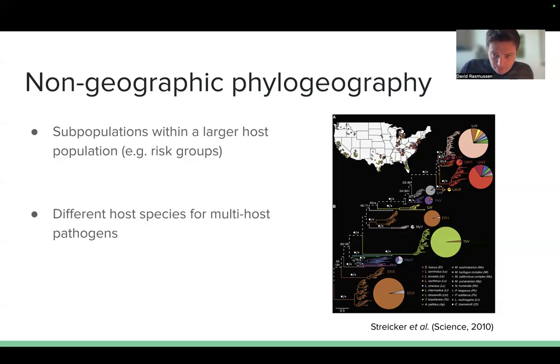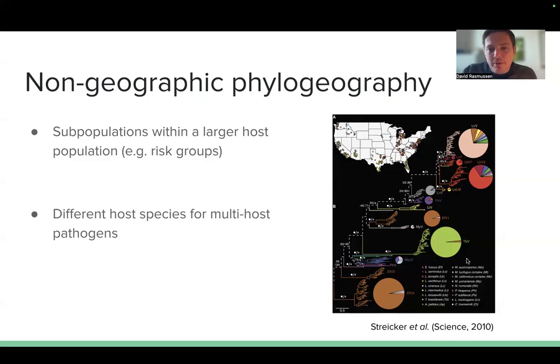For example, a common application of phylogeographic models to pathogen populations is that the different states will represent hosts within different risk groups or subpopulations. Another popular application is to think about the different states or populations as being different host species. In that case, people are able to reconstruct the ability of pathogens to move between different host species.